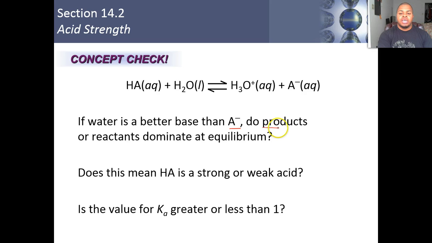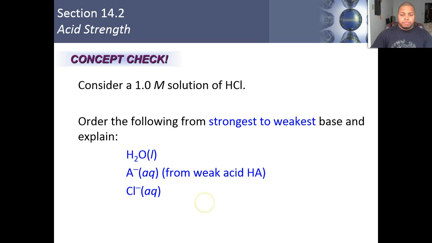That tells us that the products are going to dominate here, which means that we're looking at a strong acid, okay? Because it leans towards the products, that means we're dealing with a strong acid, and the Ka value is going to be greater than 1. Everything's going towards the products, so we end up with a greater value.